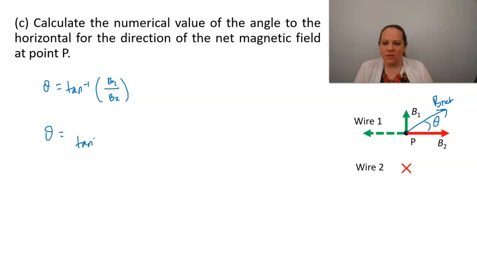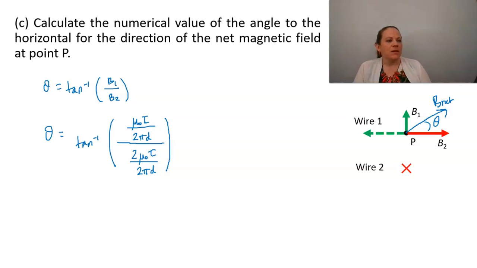So if we substitute in the things that we know for B1 and B2, we know B1 is mu naught I over 2 pi d. We know that B2 is 2 mu naught I over 2 pi d.